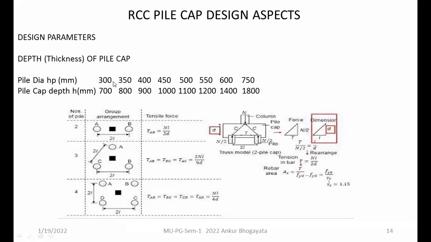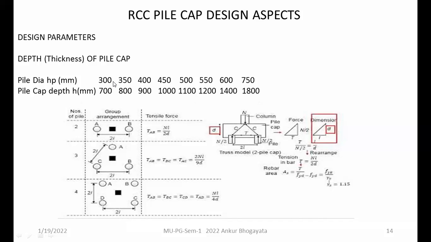As I said earlier, if it is limited in numbers, you can adopt the theory of the Strut-and-Tie model, and that's why the spacing will be accordingly decided based on the diameter of the piles, and the overall dimension of the pile cap will also get decided according to the diameter of the pile and spacing. Therefore, you only need to take care about the tensile force which exists in the bottom of the pile cap. Why is it important?